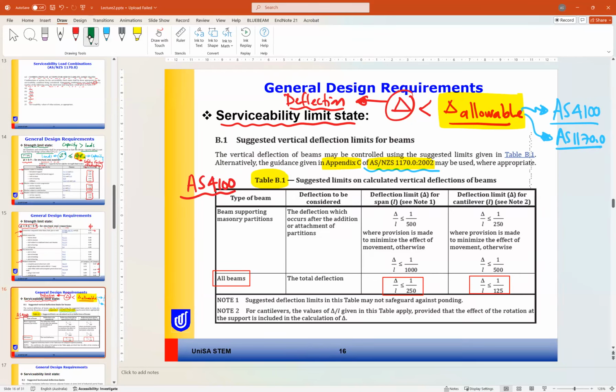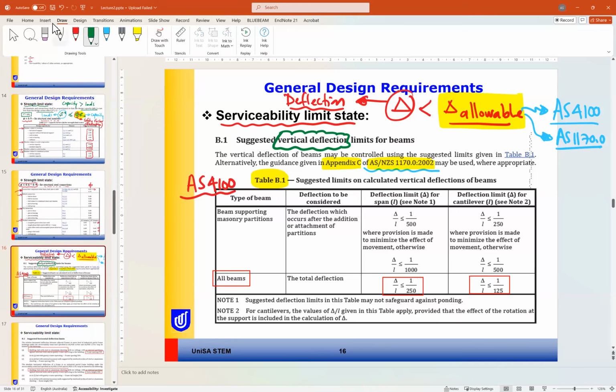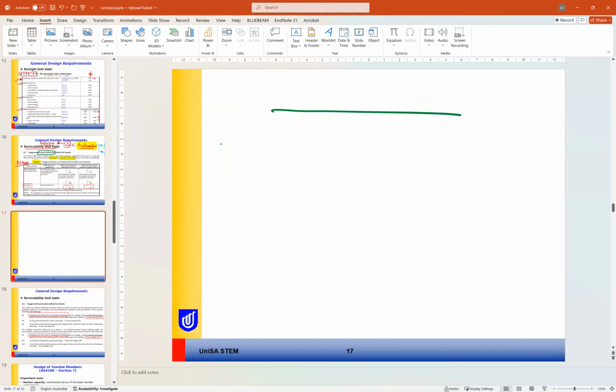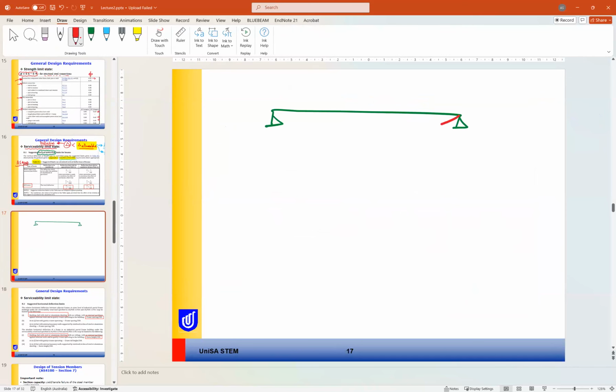So what is the suggested limit for the vertical deflection? Just to make sure, in this case we are discussing the vertical deflection of the beam. If you have a beam, this beam will deflect due to applied load like that. This deflection is delta, and this delta should be less than the allowable limits in the table before.